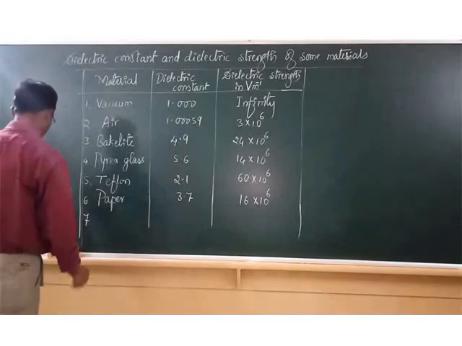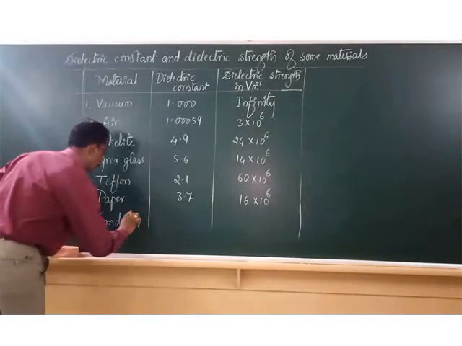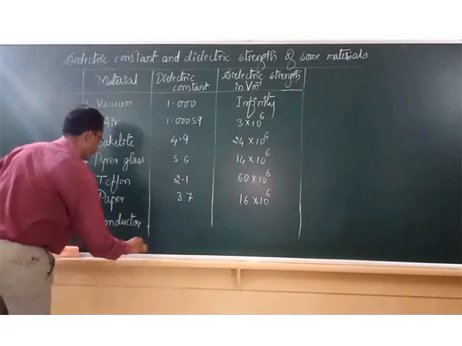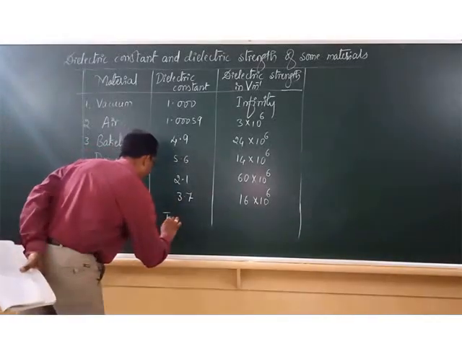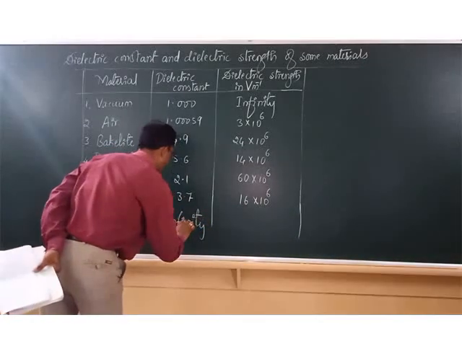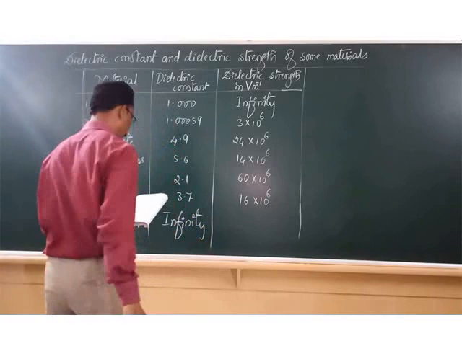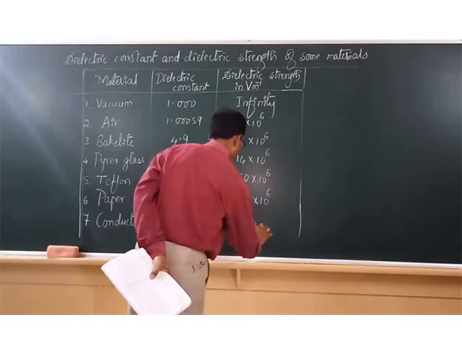For a conductor, any metal, it is not a dielectric. Its dielectric constant is infinity and its dielectric strength is 0.